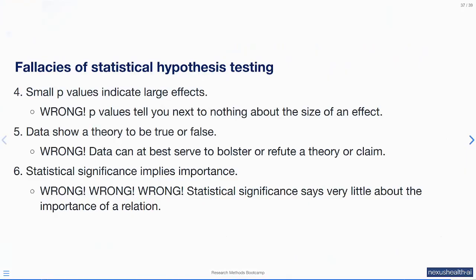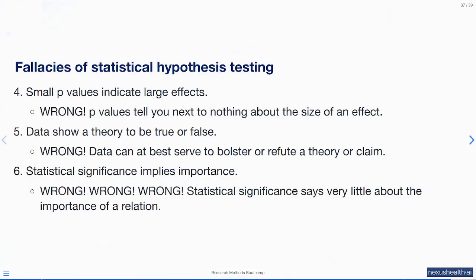Another fallacy is that data show a theory to be true or false. Based on the modern empirical method, we cannot state that. Data can at best serve to bolster or refute a theory or a claim. Another fallacy is that statistical significance implies importance. Again, this is incorrect.